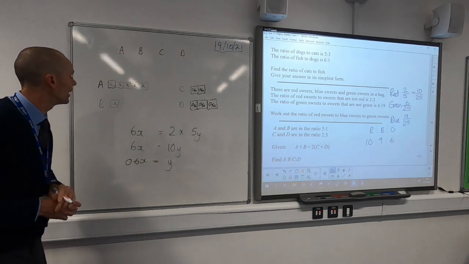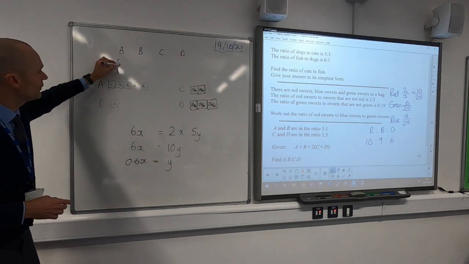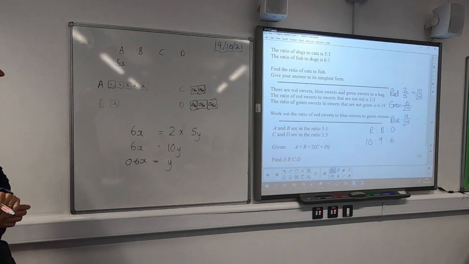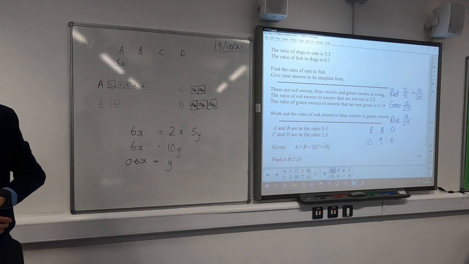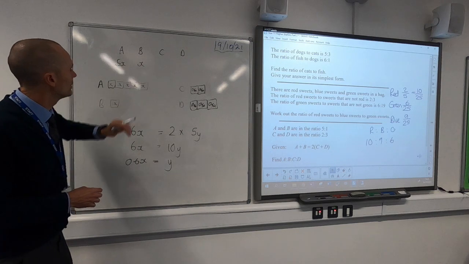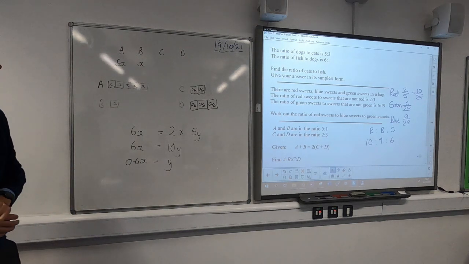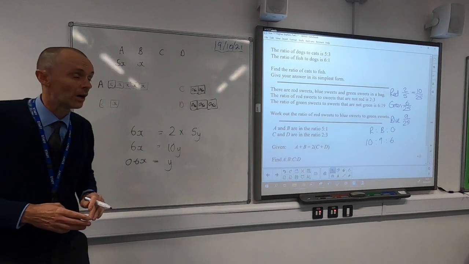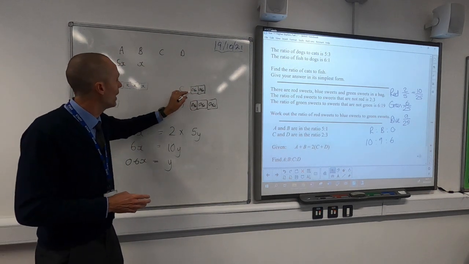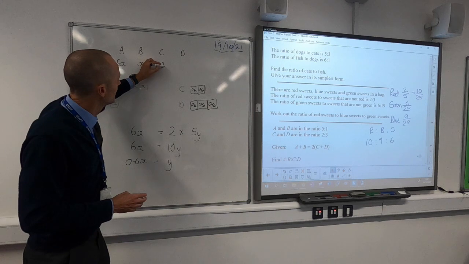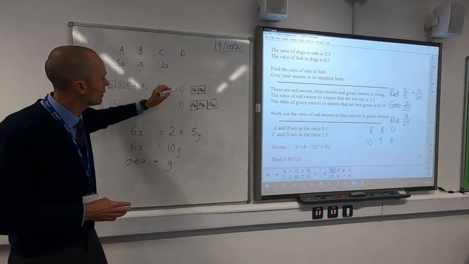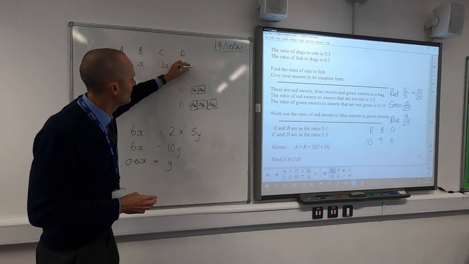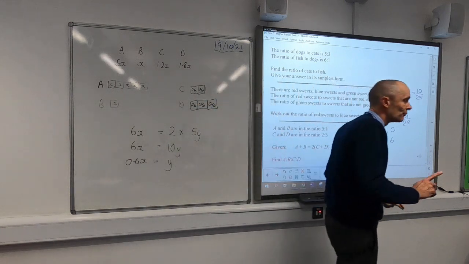Well, I know that Alfie got 5x of sweets. We don't know what x is. We don't need to. Bertie, short for Bertrand, got 1x. Camilla got 2y, which is actually 1.2x. And Deirdre got 1.8x.